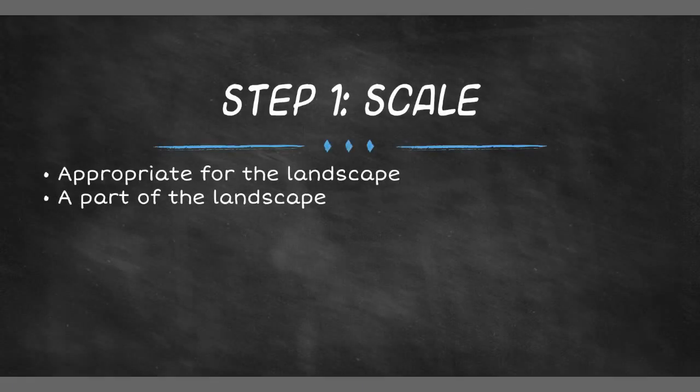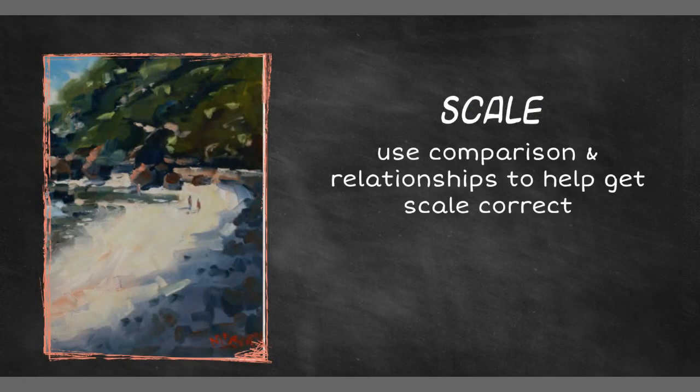So step one, we need to look at scale. And this is very simple. Make sure your figures are the appropriate size for the landscape. They must be part of the landscape, not dominating it through scale that is incorrect. So the way to do this is use comparison and relationships to help get the scale correct.